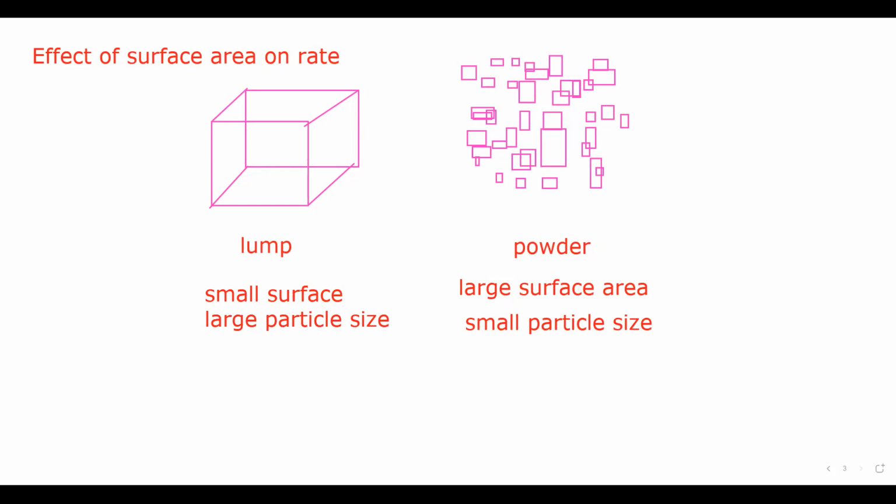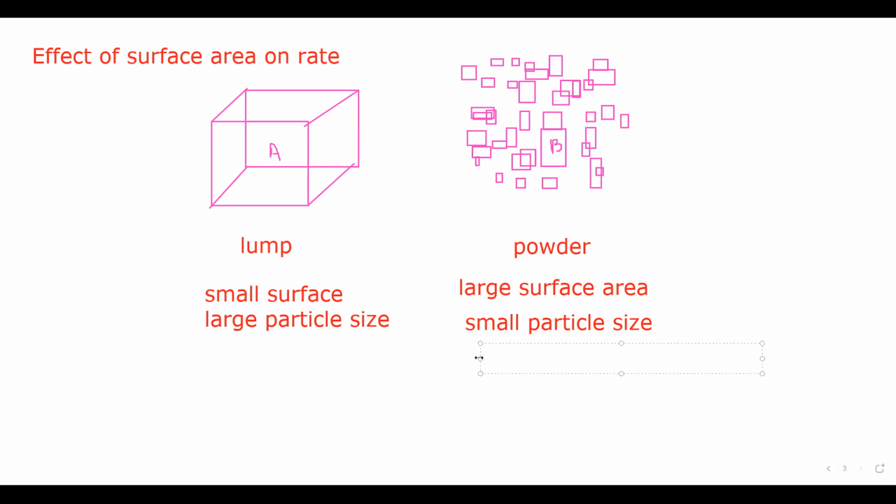So when we try to react, for example, when this substance A is reacting and substance B is reacting, which one do you think will react faster? A or B? So B will react faster because more particles at the same time can react with the surroundings.